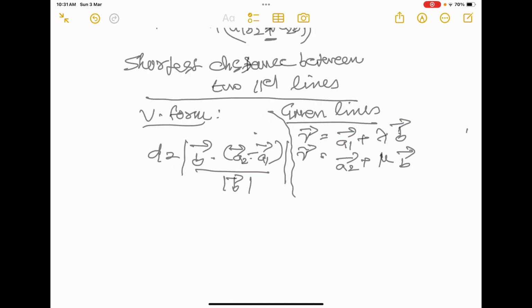These are the formulas which we want to study. Here we want to study only lines, equation of lines and angle between them, then condition for parallelism and condition for perpendicularity.